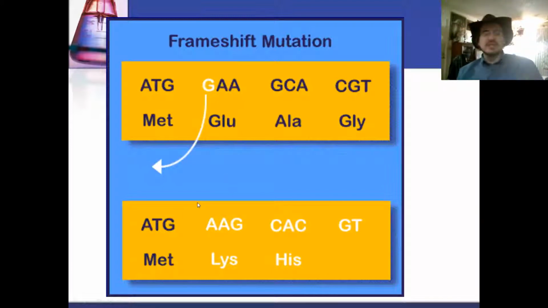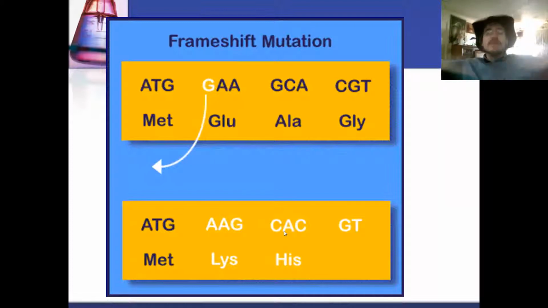So we have AUG making methionine as normal, but suddenly we have lysine instead of glutamine and histidine instead of alanine. So it's all screwed up. Here, GU, that doesn't code for anything. That's only 2 nucleotides. That's not an intact codon. So everything's screwed up.